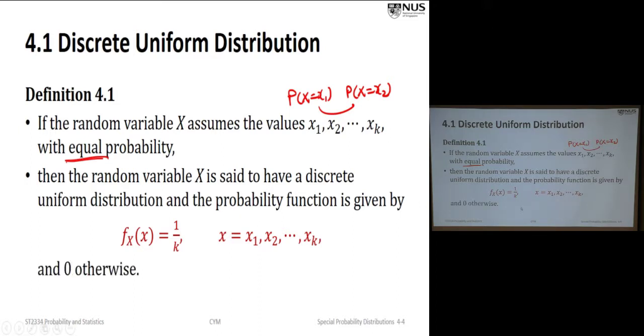Otherwise means that if x takes a value other than x1 up to xk, then the probability function is equal to 0. So in fact, we know f of x for any value. If it's not one of those xi's mentioned here, then the probability function is equal to 0.